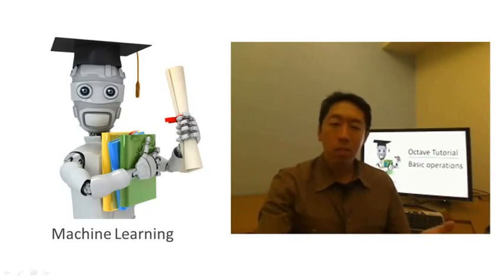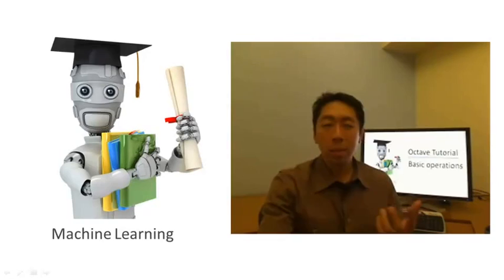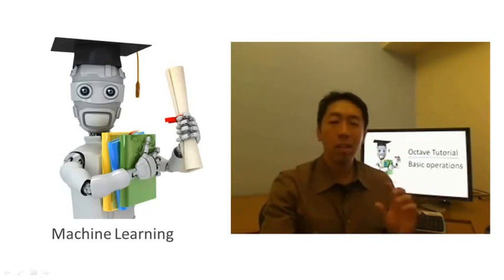Octave is nice since it's free open source, and MATLAB works well too, but it's expensive for many people. But if you have access to a copy of MATLAB, you can also use MATLAB for this class. If you know Python, NumPy, or R, I do see some people use them, but what I see is that people usually end up developing somewhat more slowly in these languages because the Python NumPy syntax is just slightly clunkier than the Octave syntax.